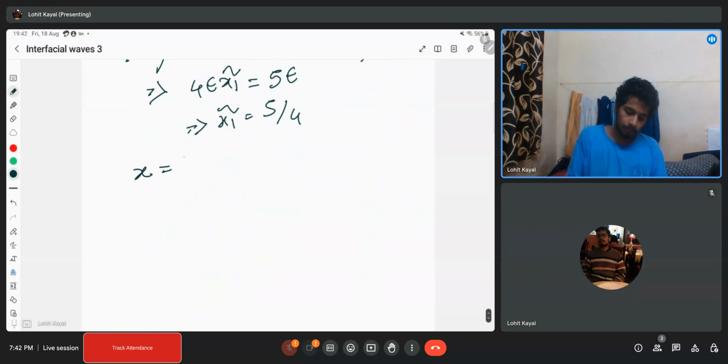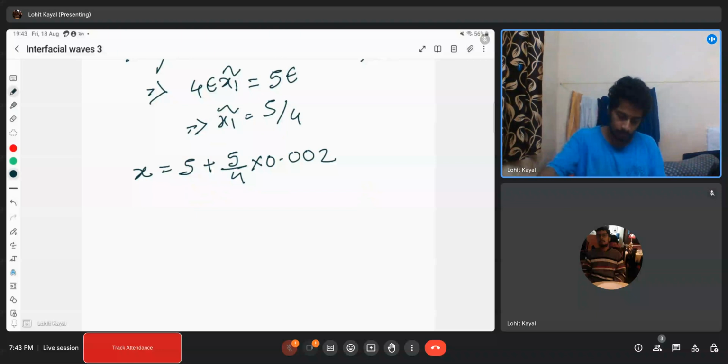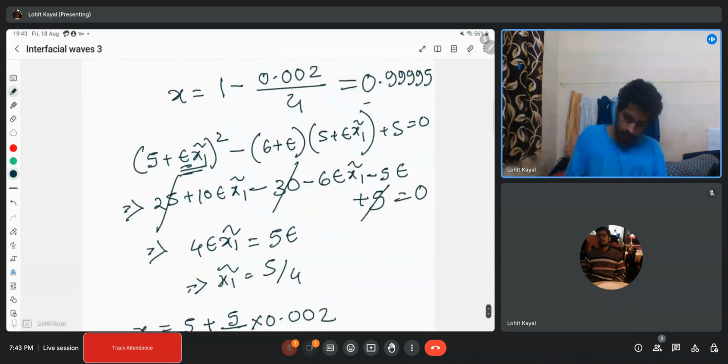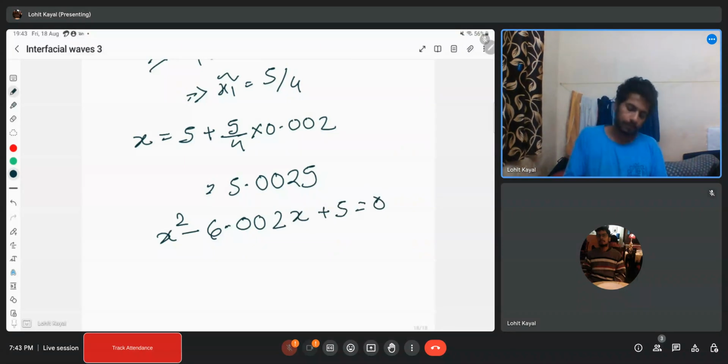So x equal to 5 plus 5 by 4 into 0.002. Let me calculate it. 5 plus 1.25 into 0.002 is 5.0025, and the other is 0.9995. Now to verify, what is your equation? x square minus 6.002 x plus 5 equal to 0.